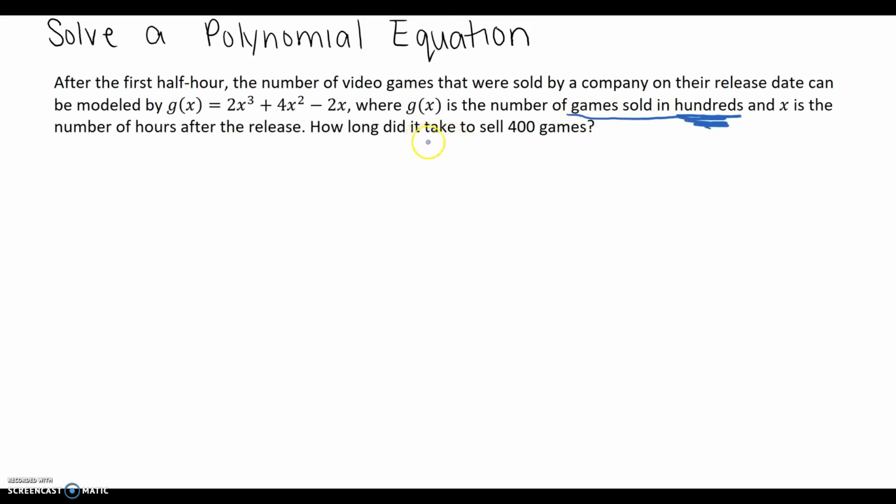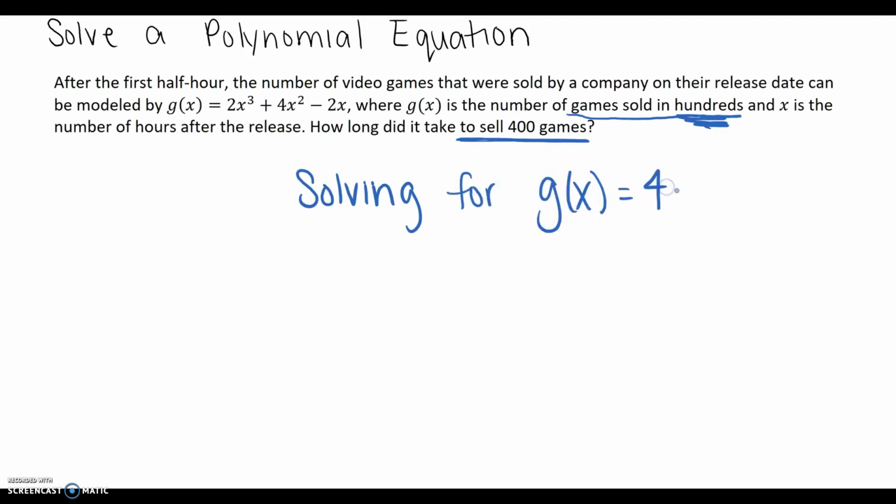So if we're wondering how long did it take to sell 400 games, we can think of this as solving for g of x to equal 4.